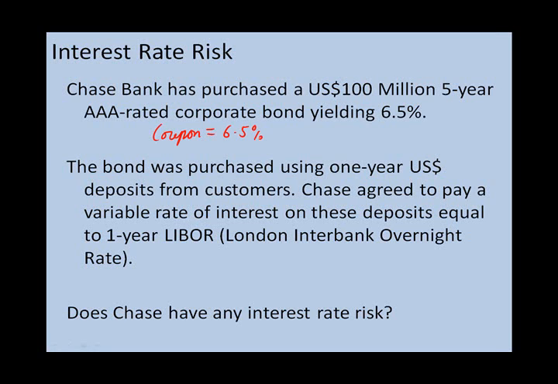The bond was purchased by Chase using 1-year US dollar deposits from customers. And Chase agreed to pay a variable rate of interest on these deposits equal to 1-year LIBOR. Now LIBOR is the London Interbank Overnight Rate. This is the rate at which banks borrow and lend between each other. So does Chase face any interest rate risk from this deal?